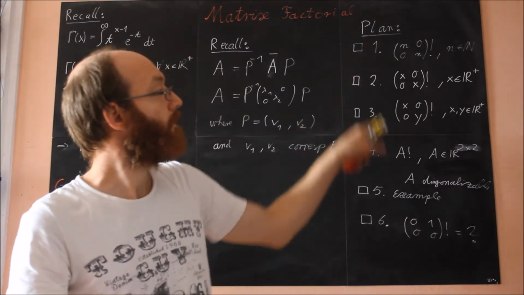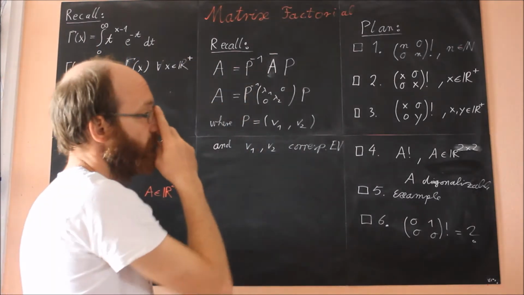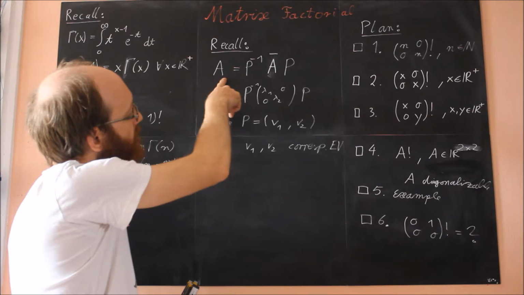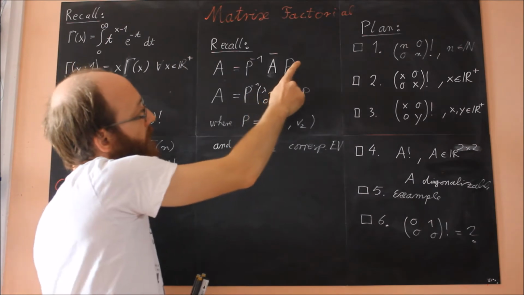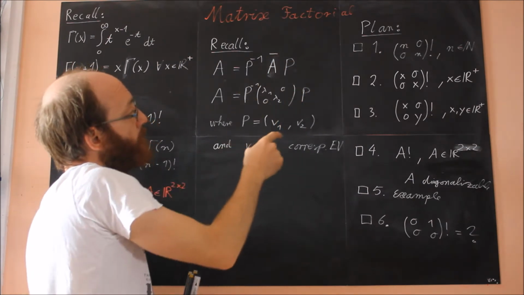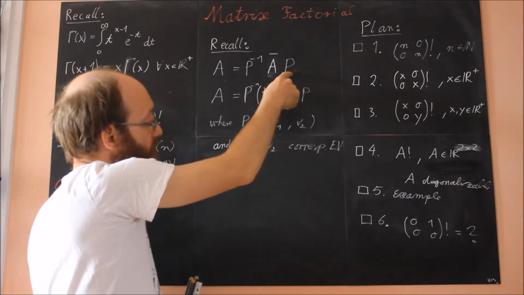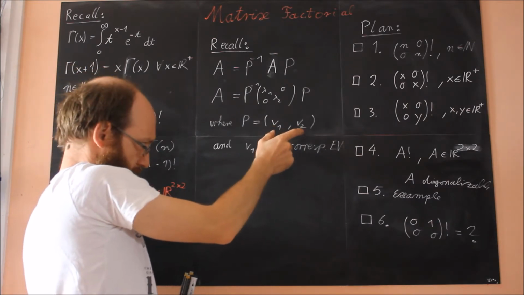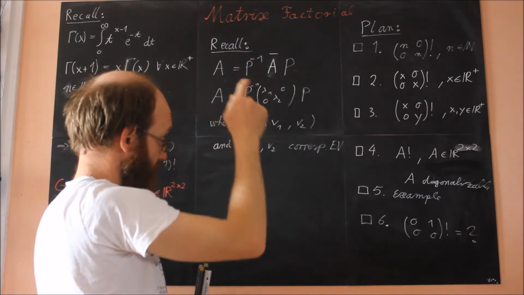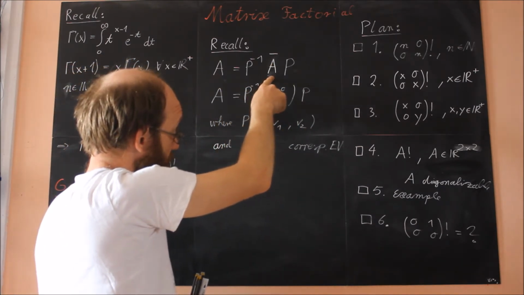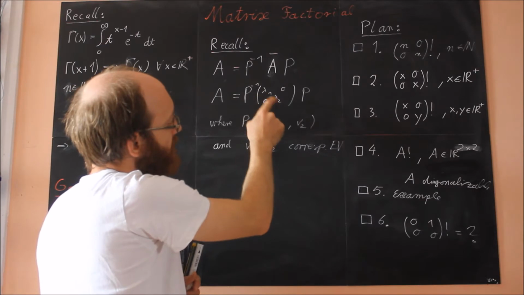And before we come to our plan, I also want to recall from linear algebra, if we have a matrix A which is diagonalizable, then we can find a matrix P which is built from the eigenvectors, so we can find the matrix A bar, which is diagonal, and the entries on the diagonal are the eigenvalues.